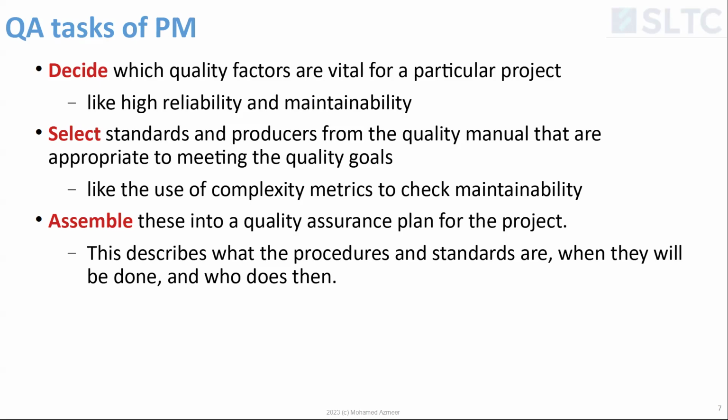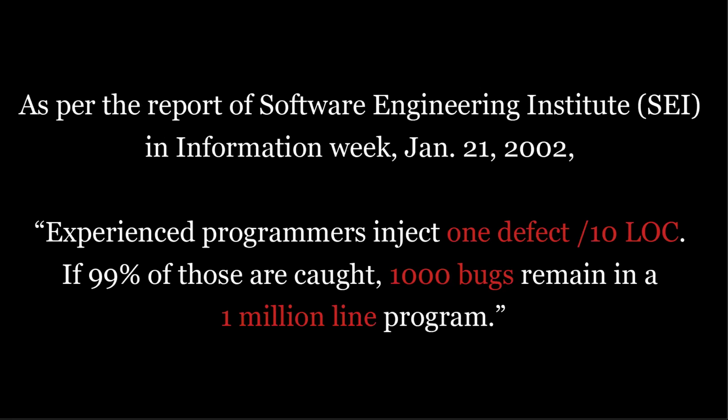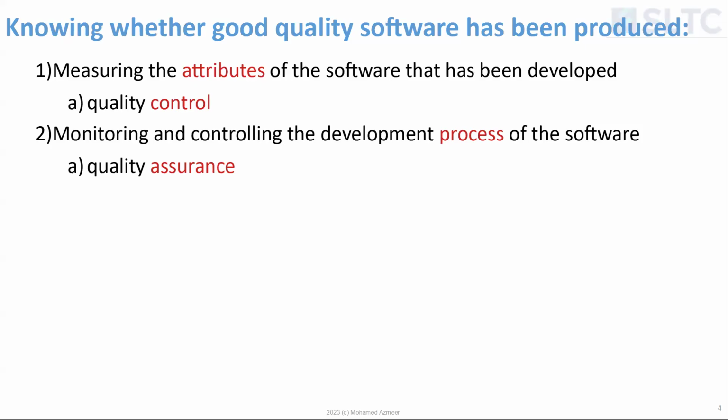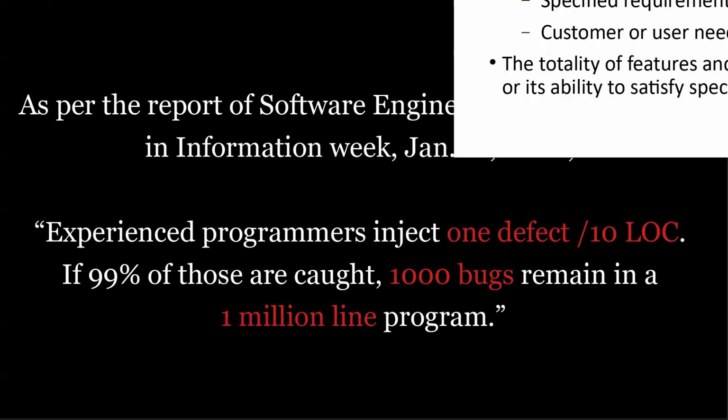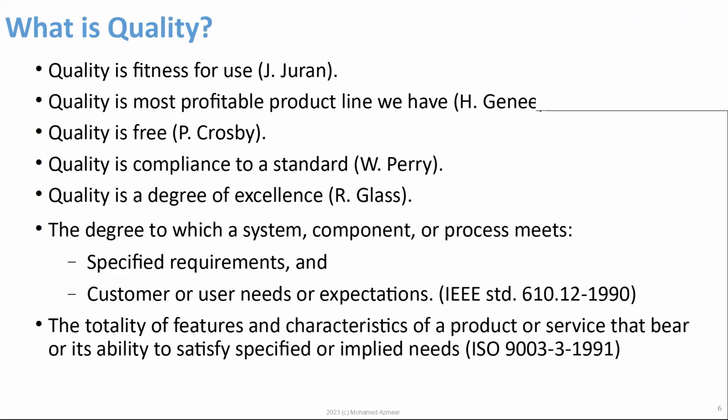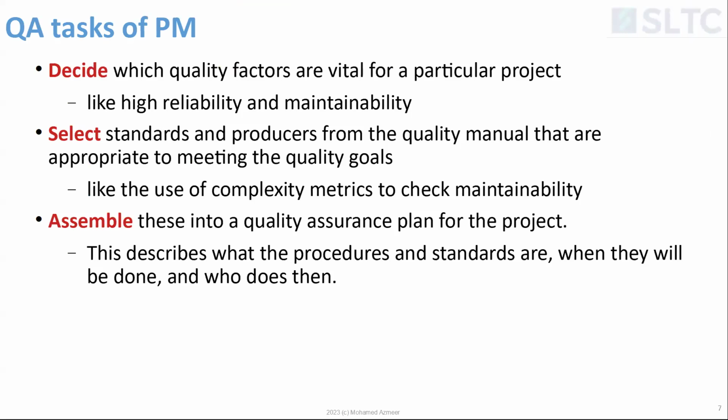In order to get there, there are procedures, standards, and who's doing what, when they do it, everything must be clarified. So this is about quality assurance. Remember number two. There is also quality control coming in, but now we are spending time on quality assurance. All right. So these are the tasks.